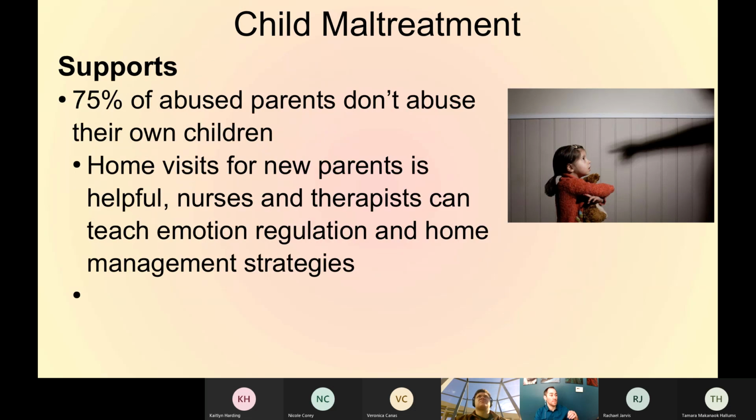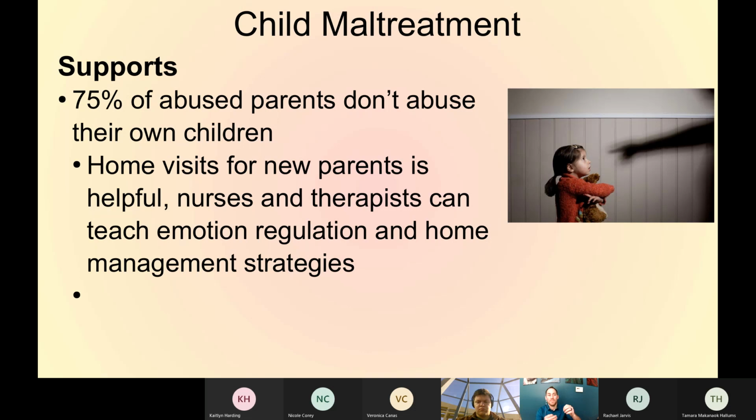So we do have supports, though. One of the best facts and most positive in this difficult and sad topic is that 75% of abused parents who were abused when they were a child do not abuse their own children. So it's often talked about in the media that it's a cycle, that, oh, well, it's expected that they abuse their children because they were abused. Well, in reality, most children who are abused grow up and have children.